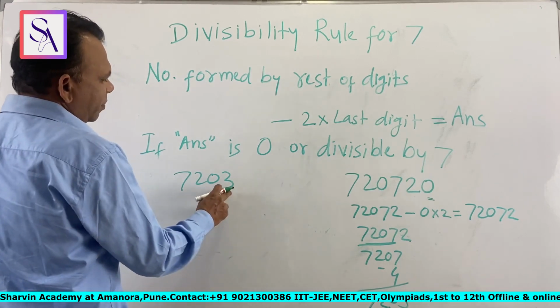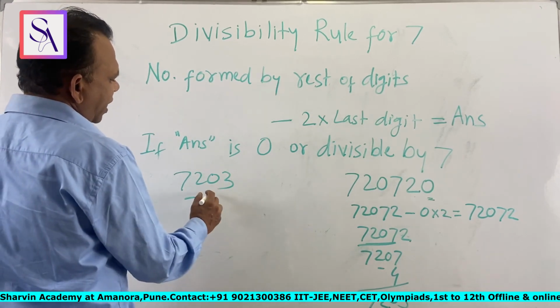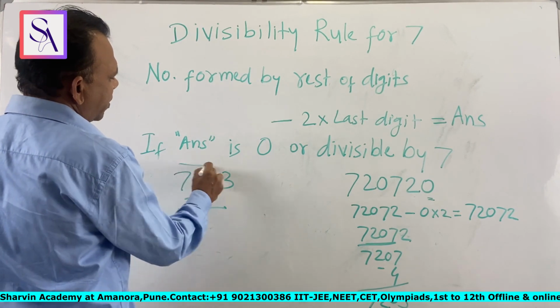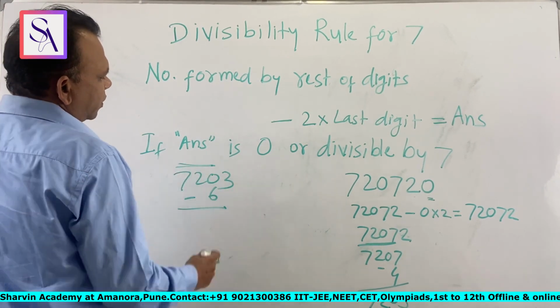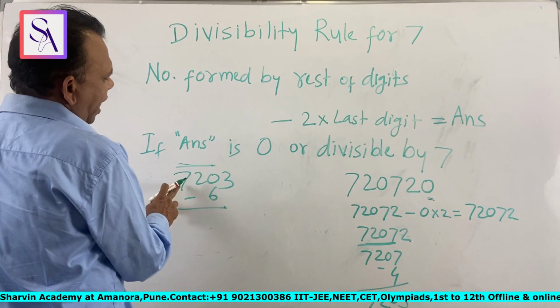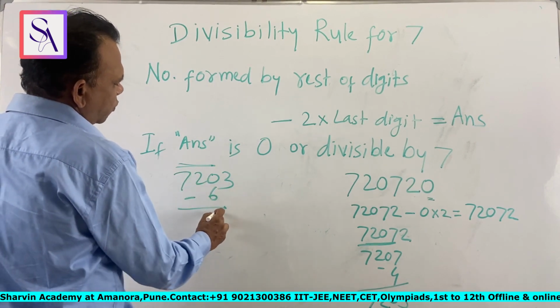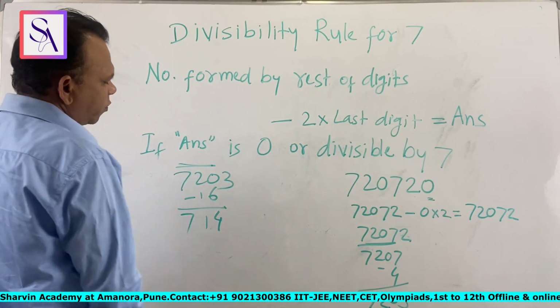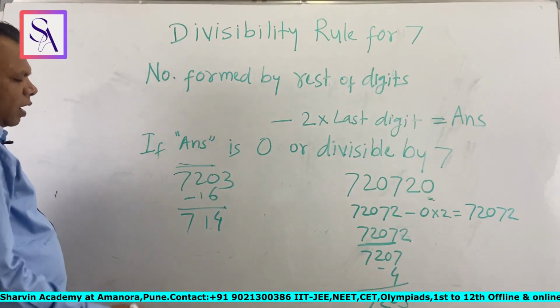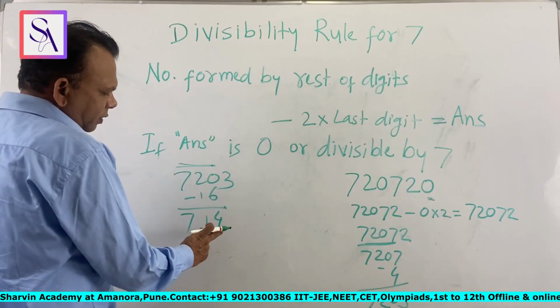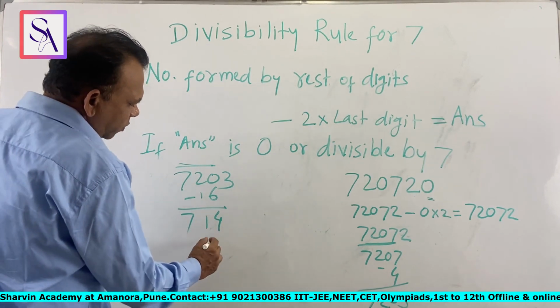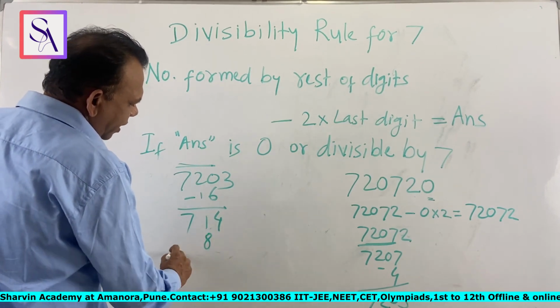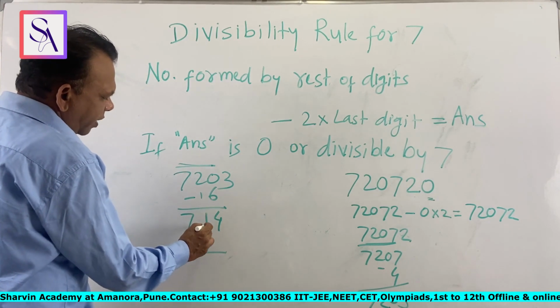Again I will multiply this 3 by 2 and subtract from this number 720. So 3 twos are 6, so I will subtract 6 from 720. So it would be 714. Again I will multiply this 4 by 2, so it would be 8, and subtract from 71.